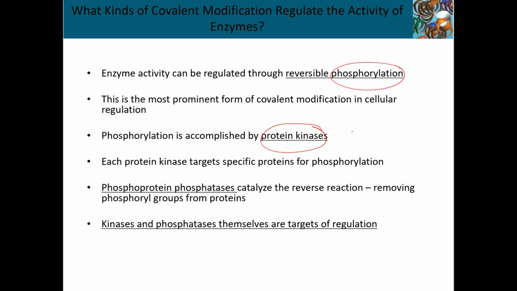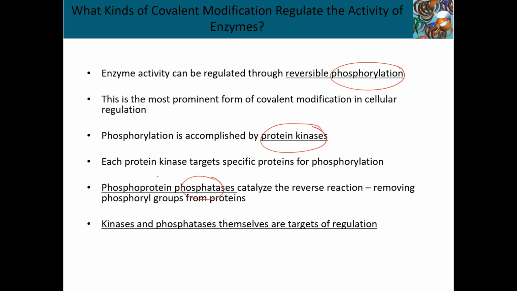Now, how do you dephosphorylate? Well, protein kinases put phosphates on. If you want to dephosphorylate, you use a phosphoprotein phosphatase or simply phosphatase. And this is the reverse reaction where you're removing phosphoryl groups from proteins. So, like I said before, kinases are highly regulated, phosphatases are also highly regulated, and many of them are regulated by phosphorylation events of their own.